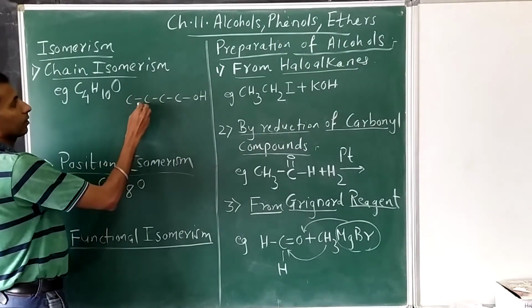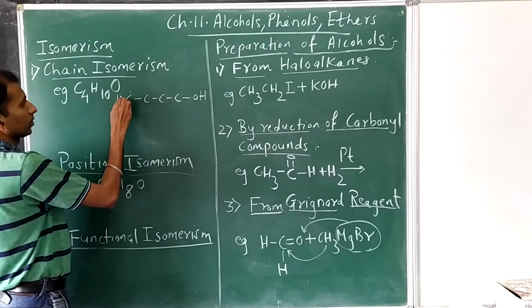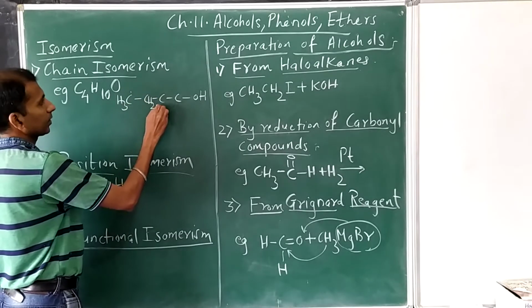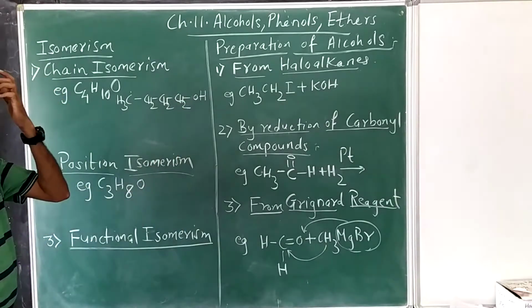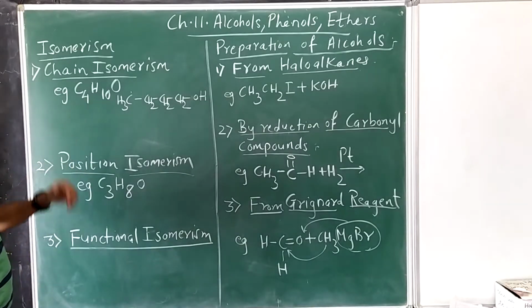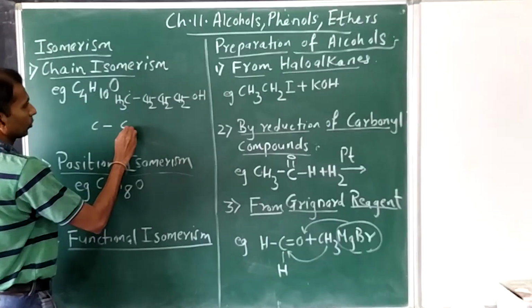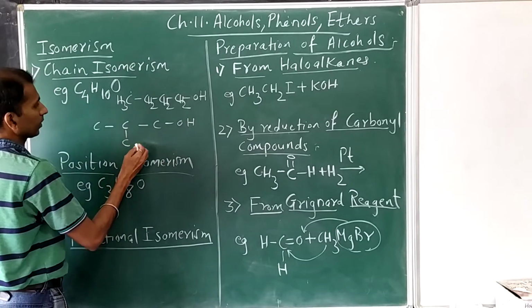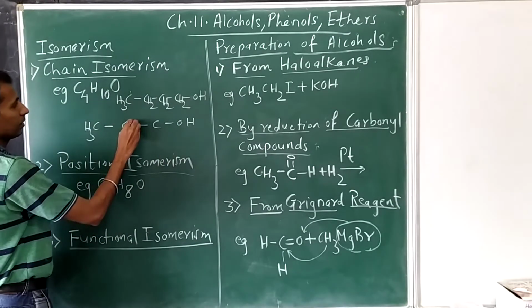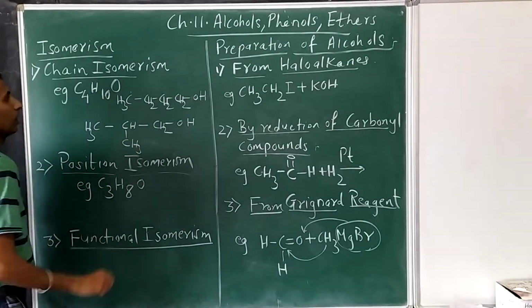The remaining carbon atoms we satisfy the valency with hydrogens: CH3, CH2, CH2, CH2OH. This is the first isomer. For the second isomer we write CH3, CH, CH2 and here CH3, with OH on the second carbon.